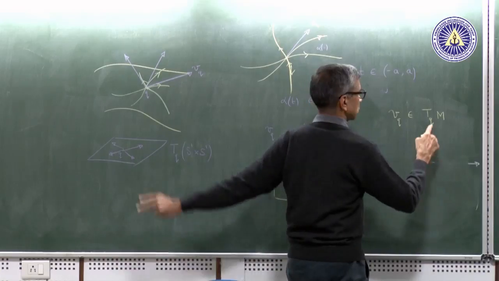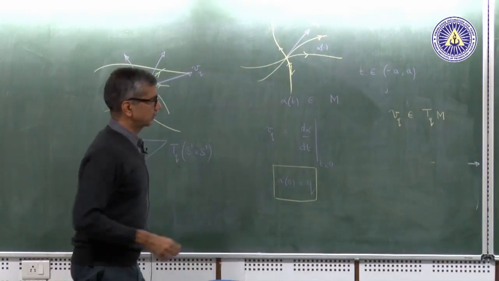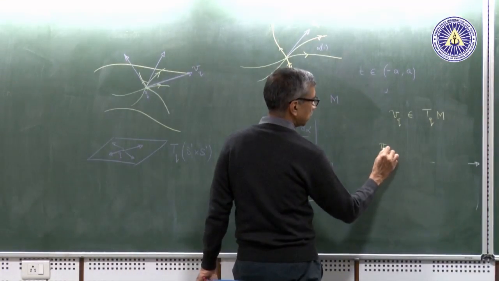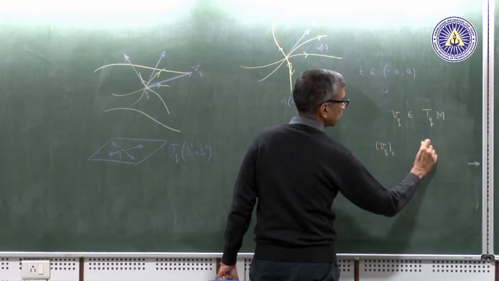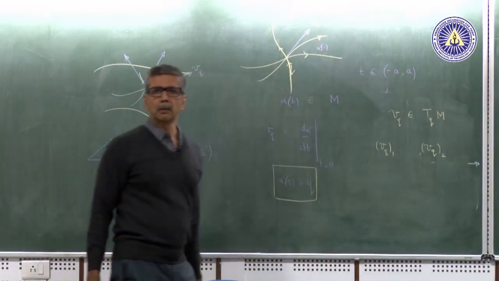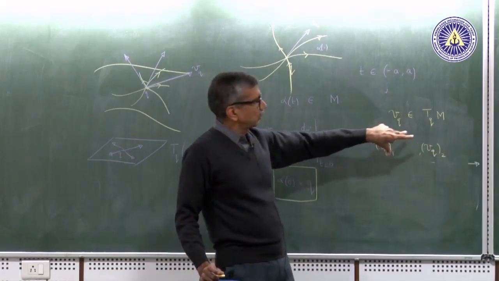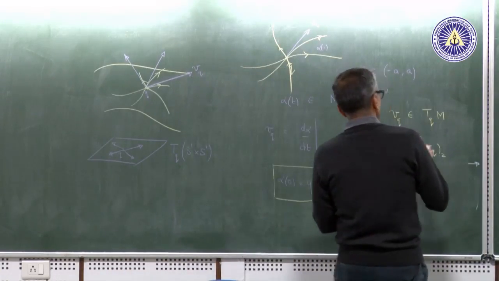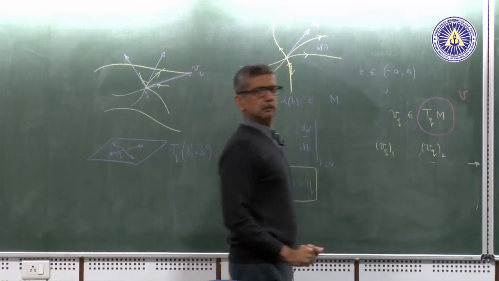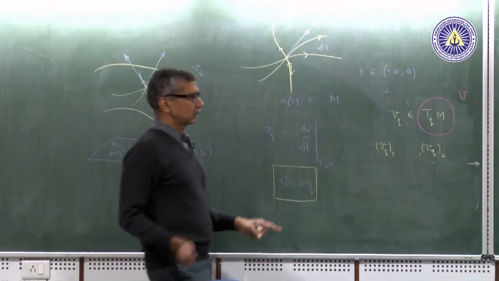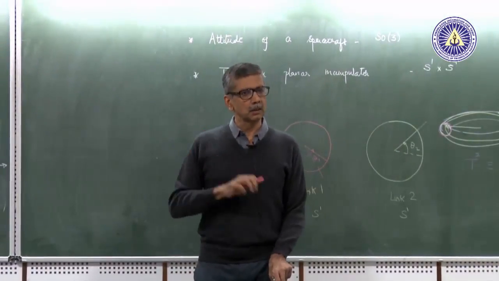Now, the set of all such velocity vectors at q, which belongs to an object called T_qM, where here M was S1 cross S1, forms a vector space. That is, if you generate two velocity vectors v_q1 and v_q2, then all linear combinations of those also belong to the space, along with all other properties of a vector space. You can add them up the way you do things in Rn.